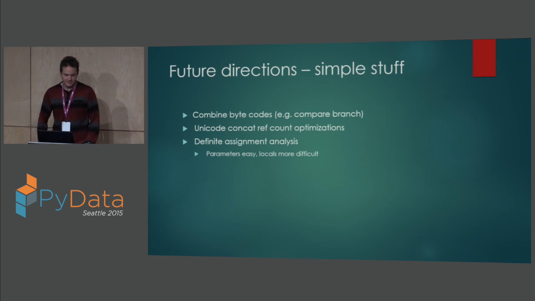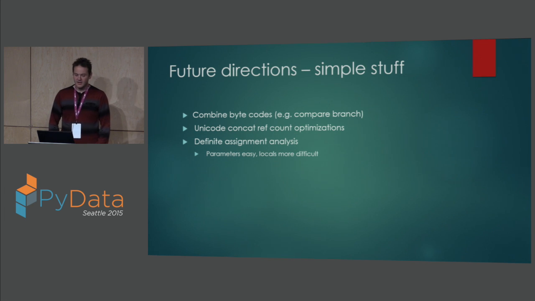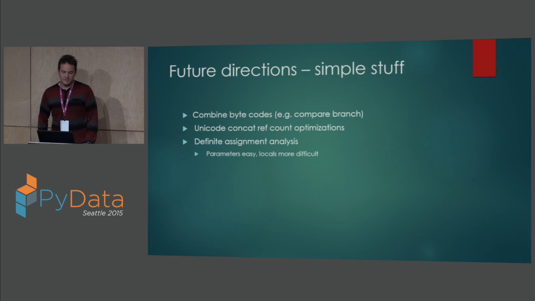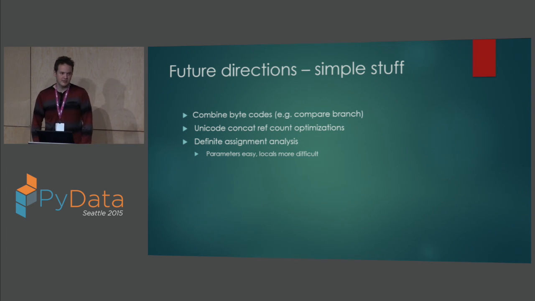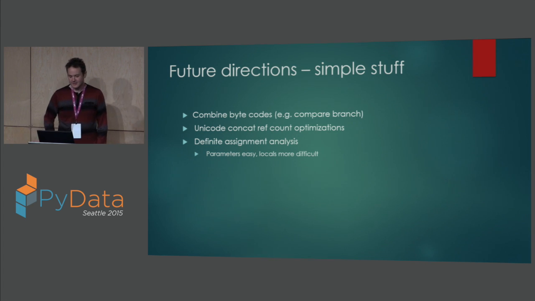That is a pretty simple optimization which can be added in. CPython has an optimization to reuse strings, like when you're doing a concat, and optimize the memory allocations there, and we lost that. I mentioned the checking to see if parameters were defined. Doing that with parameters will be really easy. Locals will be more difficult, but I'll probably do parameters pretty quickly.